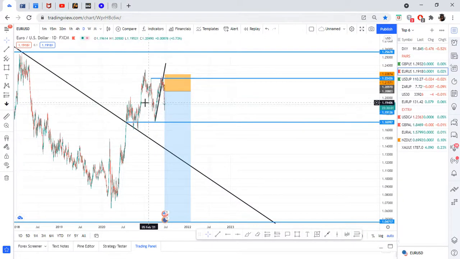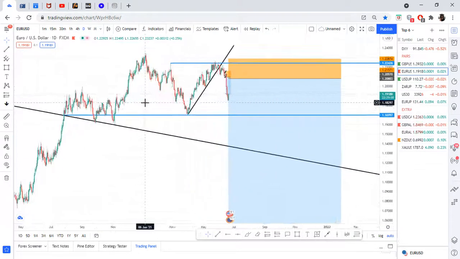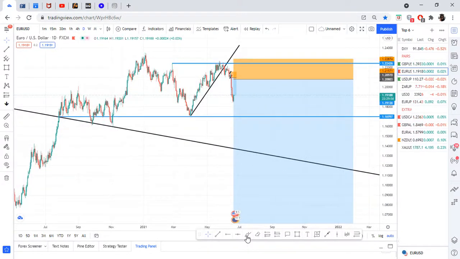And this, you could probably say it's a double top as well. Then it went down, came down, and this is going to be the neckline, you know.